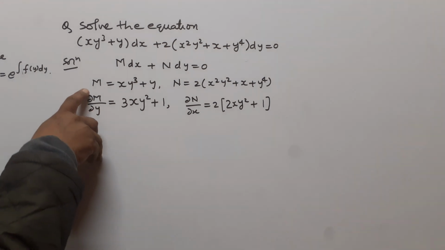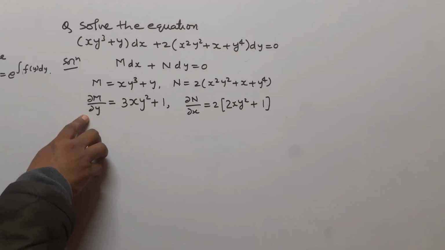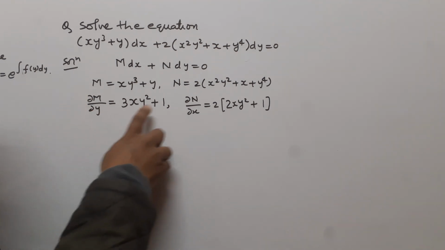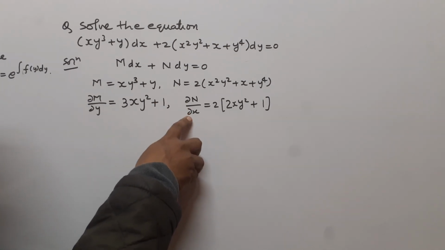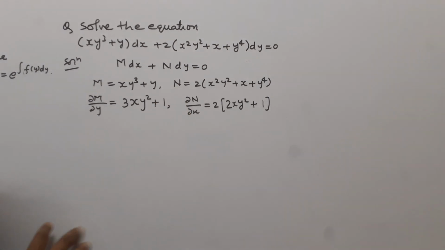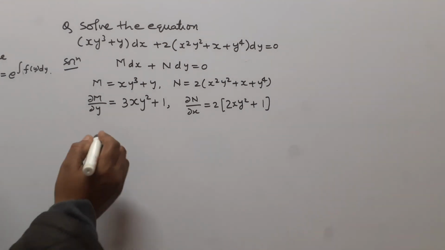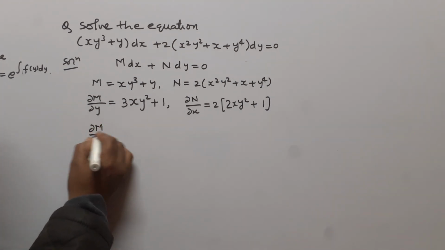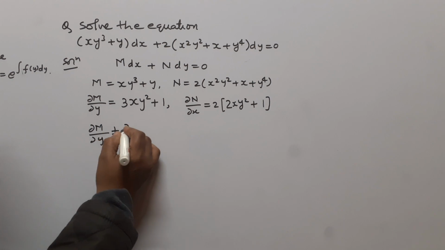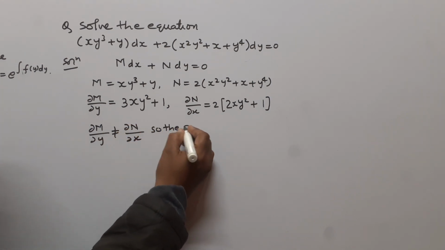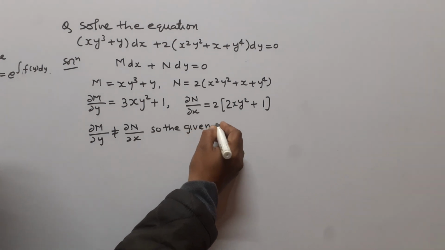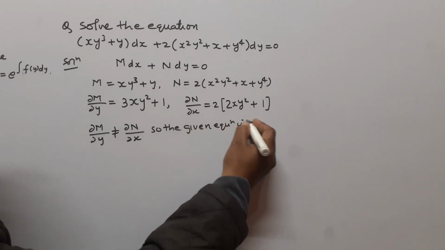Now we differentiate M partially with respect to y and get ∂M/∂y, and differentiate N partially with respect to x to get ∂N/∂x. Here we can see that ∂M/∂y is not equal to ∂N/∂x, so the given equation is not exact.